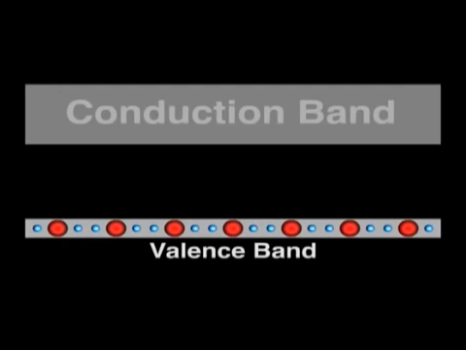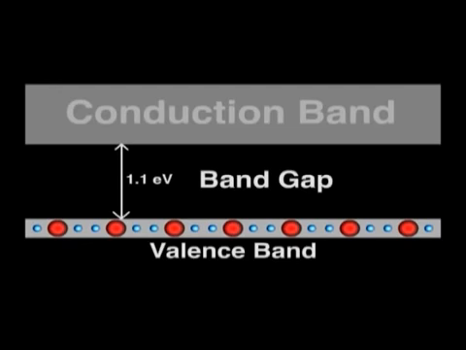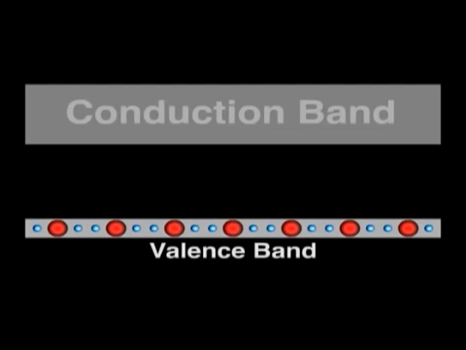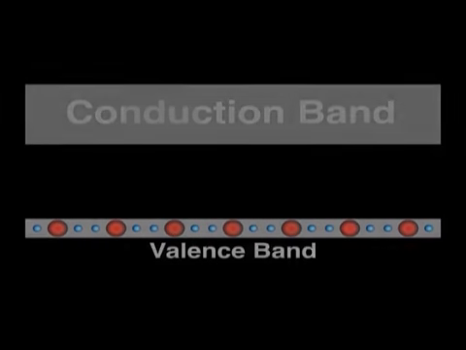This energy difference is called the band gap and refers to an energy interval where no electron is stable. Since the silicon atoms in the crystal are electrically neutral, we will indicate this neutrality by graying them out.